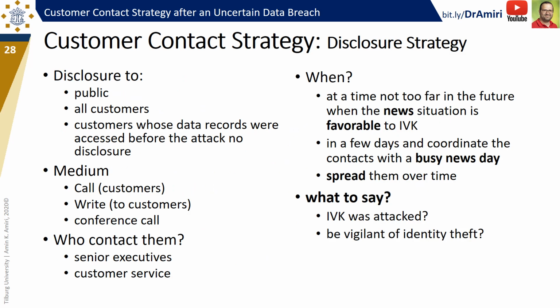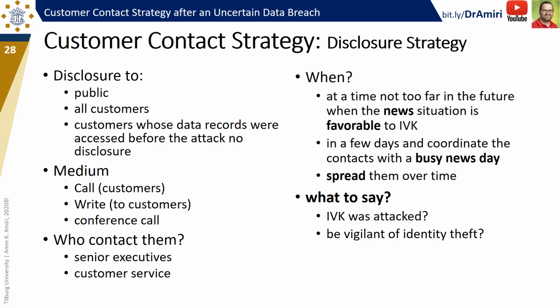To disclose a data breach to a customer, you need to make decisions about several different components. You need to specify your customer contact strategy. First, you need to decide if the disclosure is going to be to the public, to all customers, only customers whose data records were accessed before the attack, or no disclosure at all.